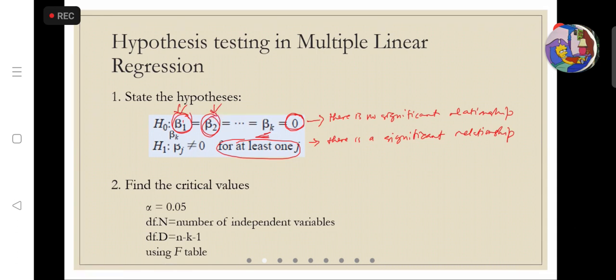So the next step is finding the critical values. In finding the critical values, for now we will use a 0.05 confidence level. In our simple linear regression, we only had 1 degree of freedom.